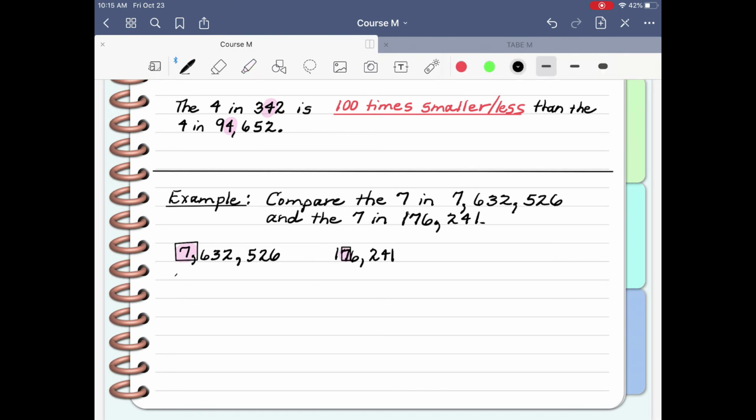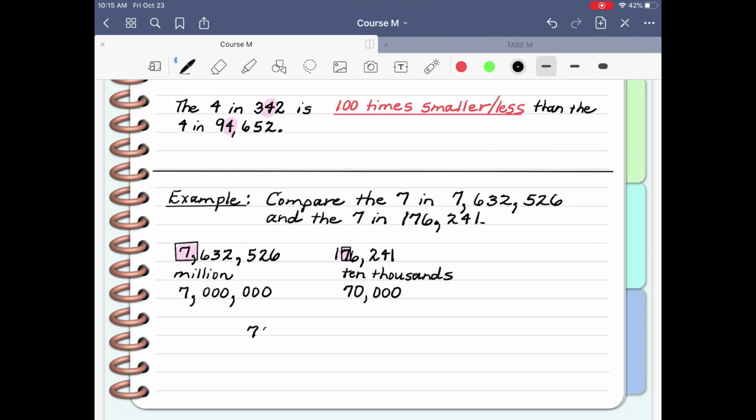This 7 is 7 million. So that is a 7 with 6 zeros after it. And then we have a 7 in the 10,000 seat. So we have 70,000, 7 times 10. And we need to compare these.